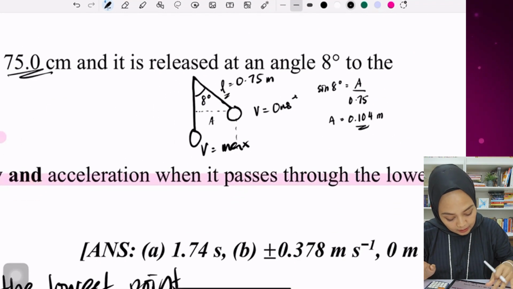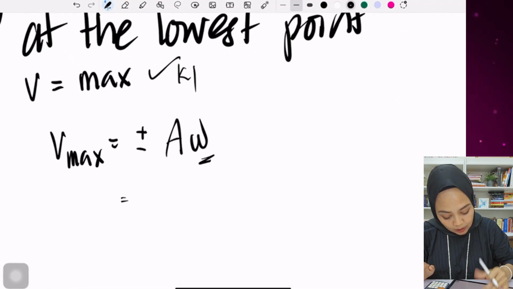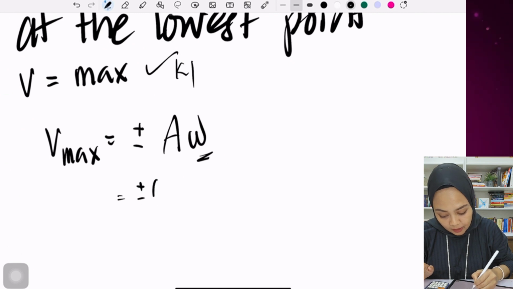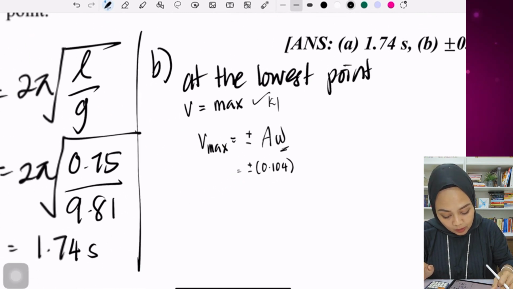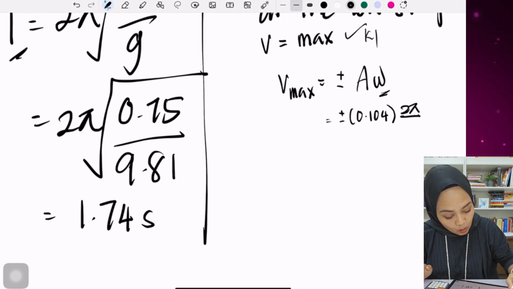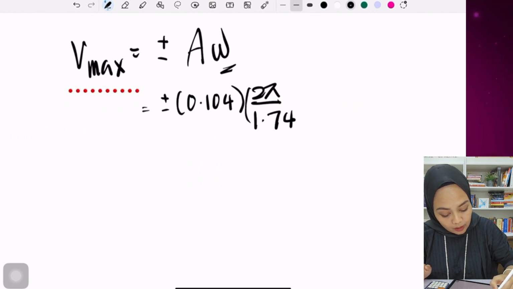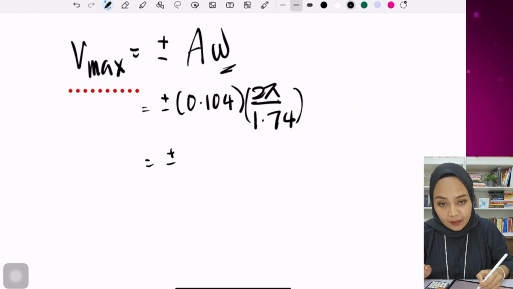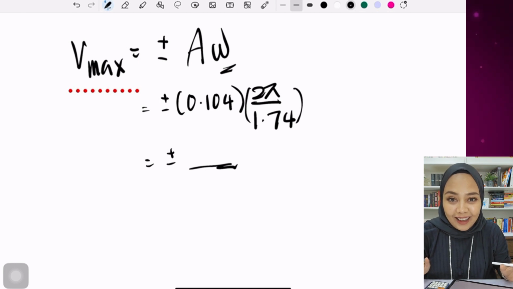Okay, let's put it back into the equation. Plus minus 0.104. Omega equals 2 pi over T. The T is 1.74. And then by right, you should get the answer as suggested.